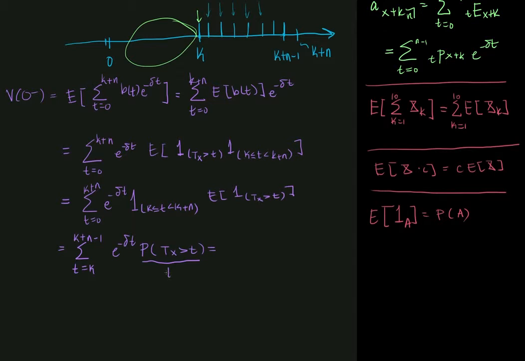And this is exactly tpx. So we have the sum from k to k plus n minus 1 of e to the minus delta t multiplied by tpx.